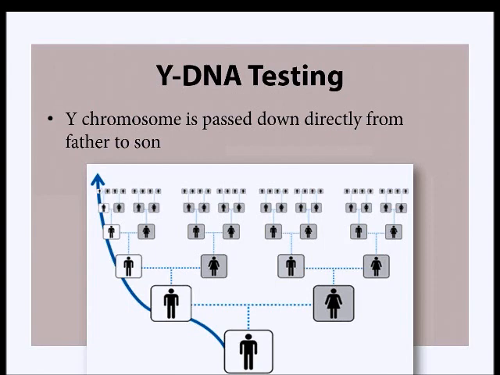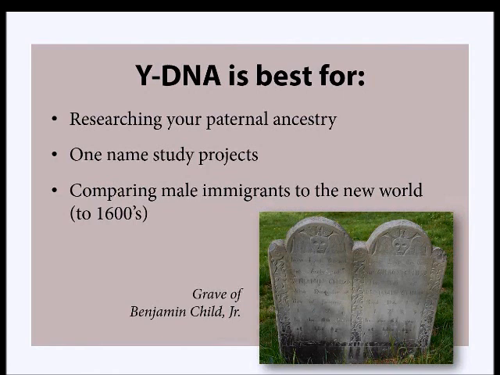So you would use Y-DNA for researching your paternal ancestry. It is what is used for one-name study projects. You might want to use Y-DNA to compare male immigrants to the New World, because the Y-DNA allows you to go much further back than 5 or 6 generations.